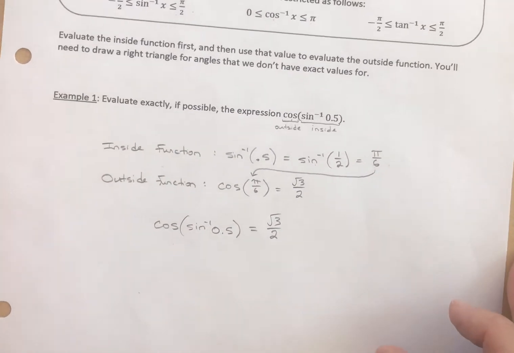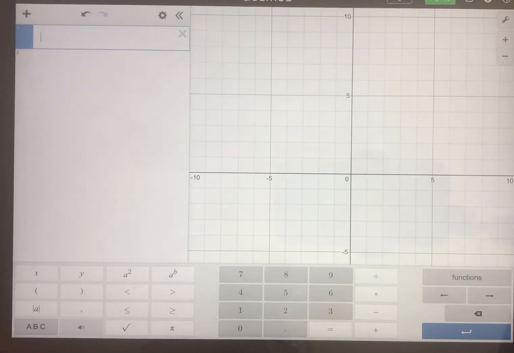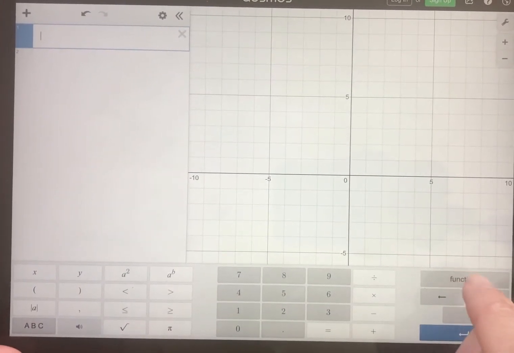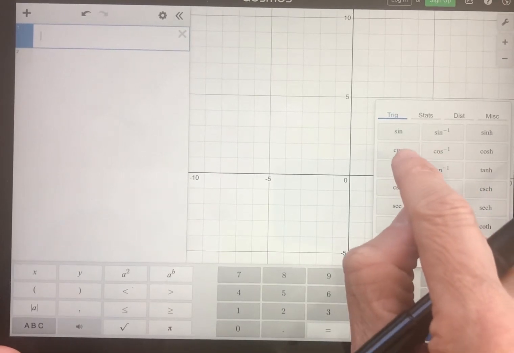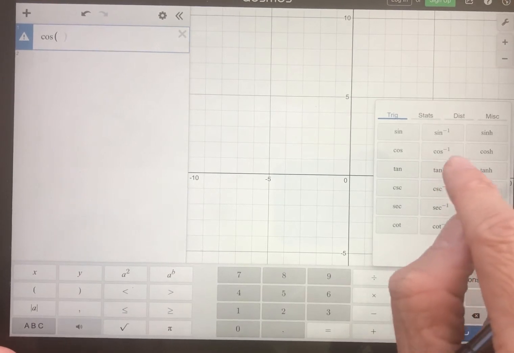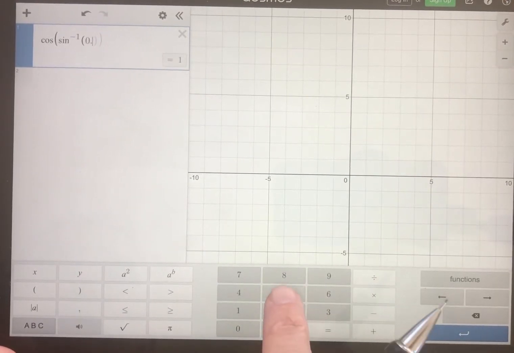We can check that with Desmos. Of course, it's going to be an approximation, and that's okay. I want to take the cosine of the inverse sine of 0.5.